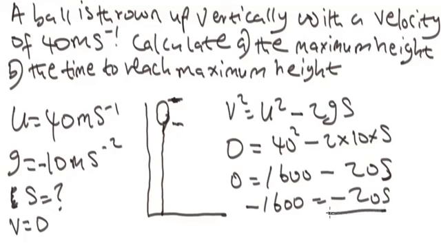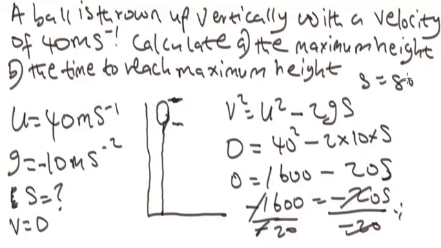Divide both sides by 20, so x will be 80. Our x will be 80 meters. This is the maximum height.